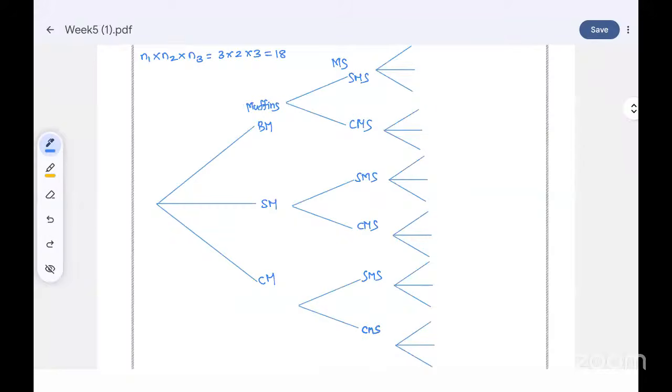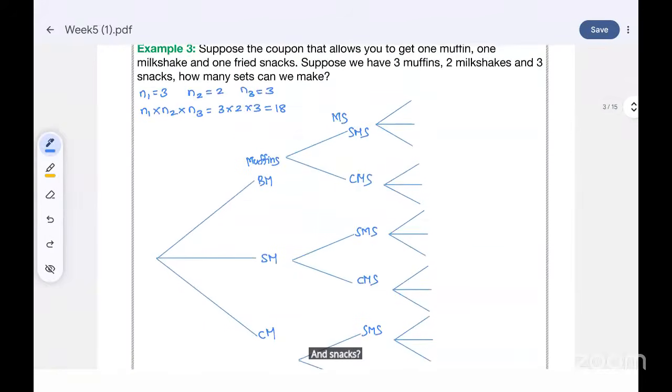And snacks, you are having 3 snacks. So let us just call the snacks S1, S2, S3. Alright.